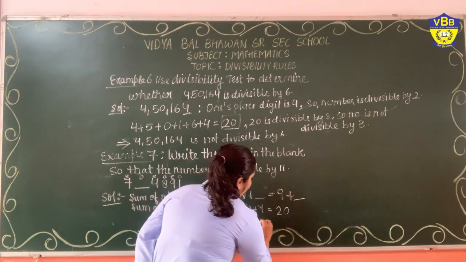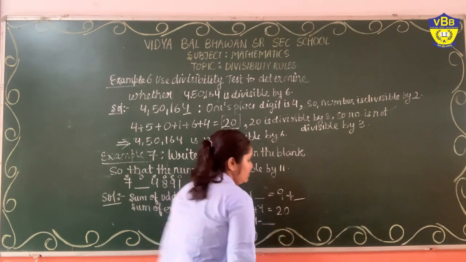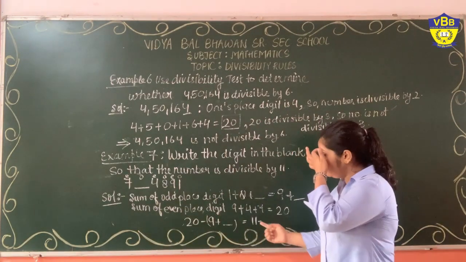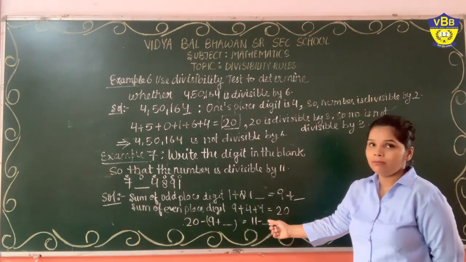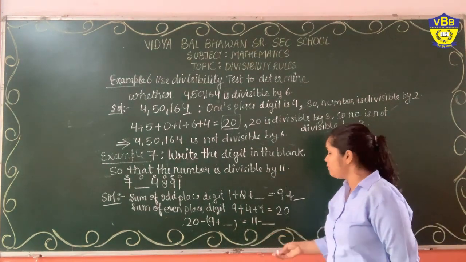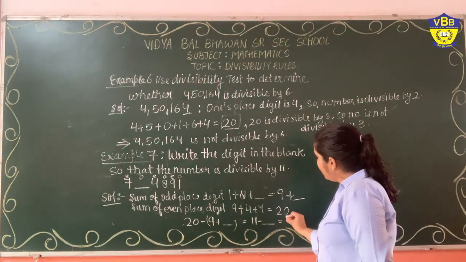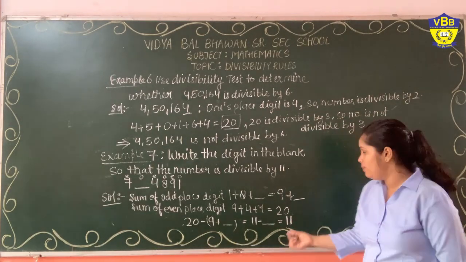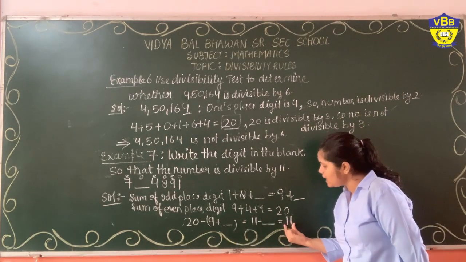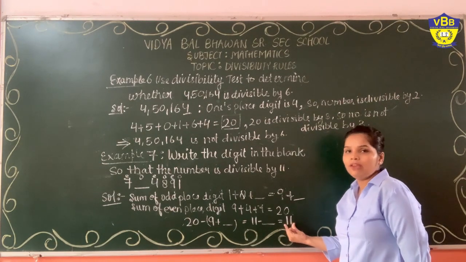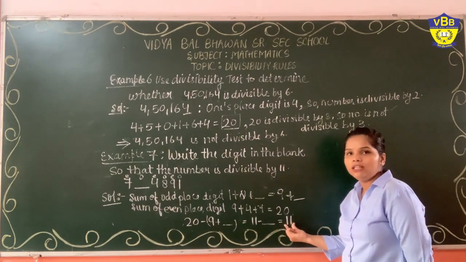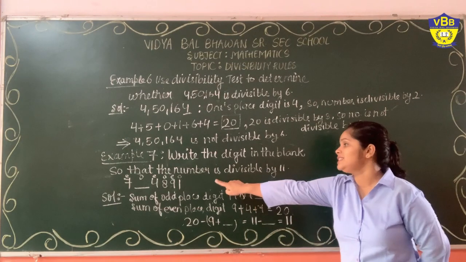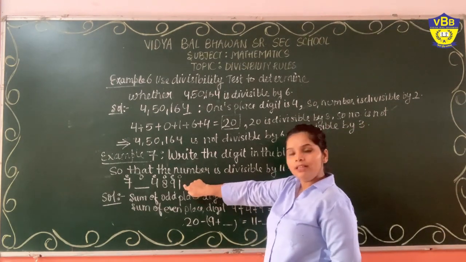So now tell me what is the smallest number you will subtract from 11, so that the answer will come 11 only. Because when you get the difference as 0, 11, 22, 33, then only this number will be divisible by 11.